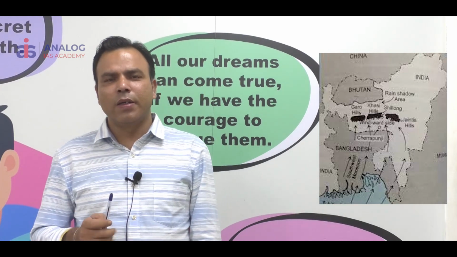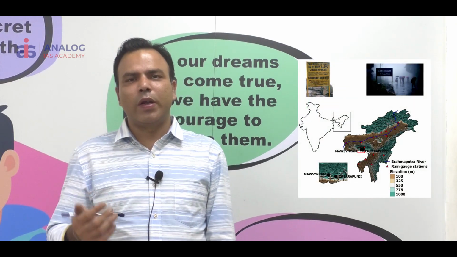There are two factors for its wetness. Number one is the topographic conditions. The Mawsynram and Cherrapunji region is located in a north-south valley, having a funnel-shaped topography created by the Garo, Khasi and Jaintia hills, and it receives rain-bearing moisture from two sources, one from the Bay of Bengal and second from the Assam Brahmaputra valley.